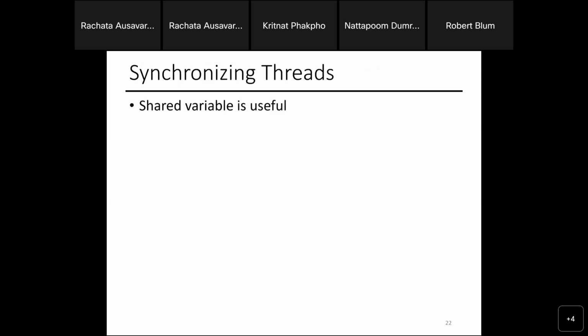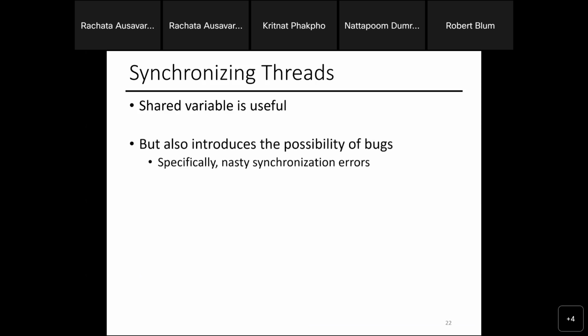Now to synchronize, right? Obviously, you want to share data. Shared variables can be useful in a parallel program, right? But they also introduce a lot of bugs, right? Especially synchronization errors. Imagine that scenario earlier, right?